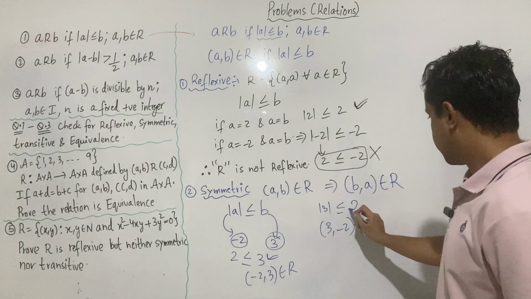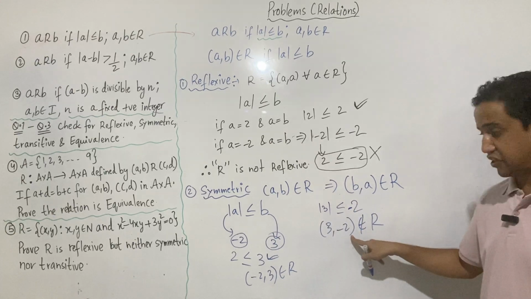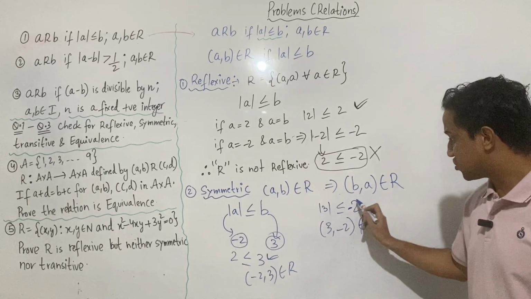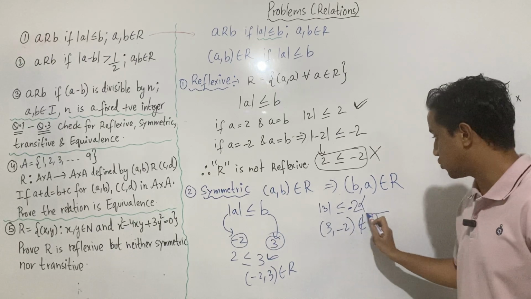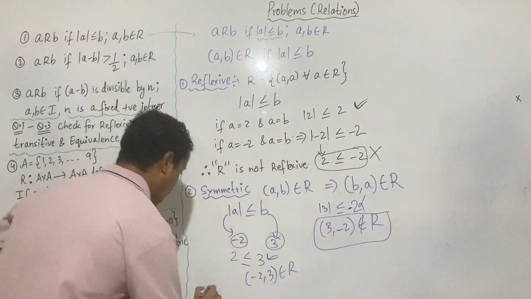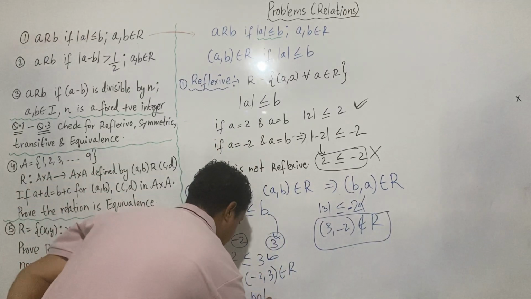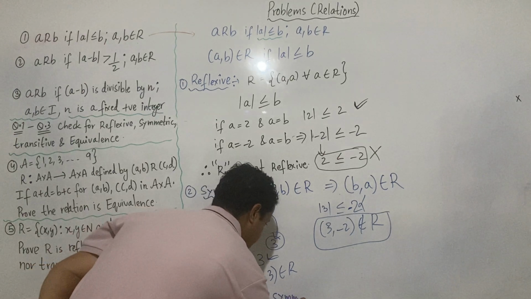Why? Because the mod of 3 is 3, and minus 2 as it is here. This is not satisfying the condition, so this is not going to be part of the relation. Therefore R is not symmetric. I hope you understand it, right?